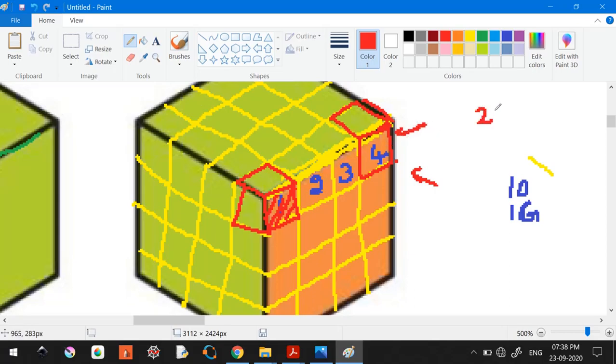So two oranges and one green on the top, which will disqualify the requirement, right? So the corner cubes which are sharing commonly are not going to help with this one as well as this one.